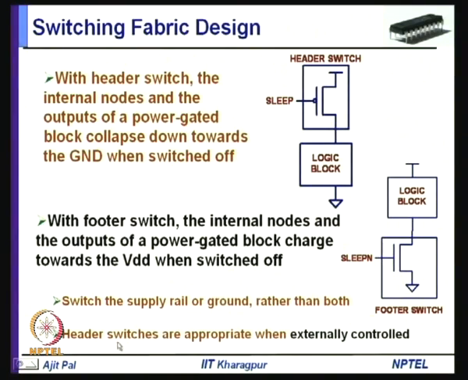So, there can be a tree like structure. Whenever it is outside the chip, this header switch approach is more appropriate, because in that case the power distribution, particularly the power rail, can be distributed in a very systematic way.